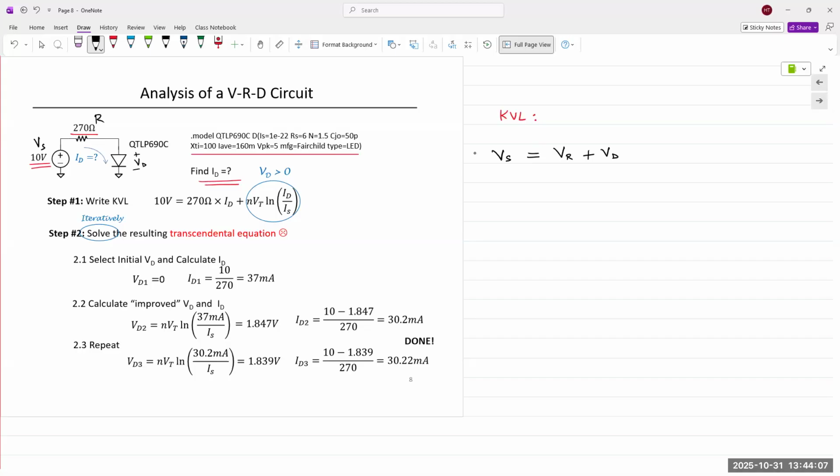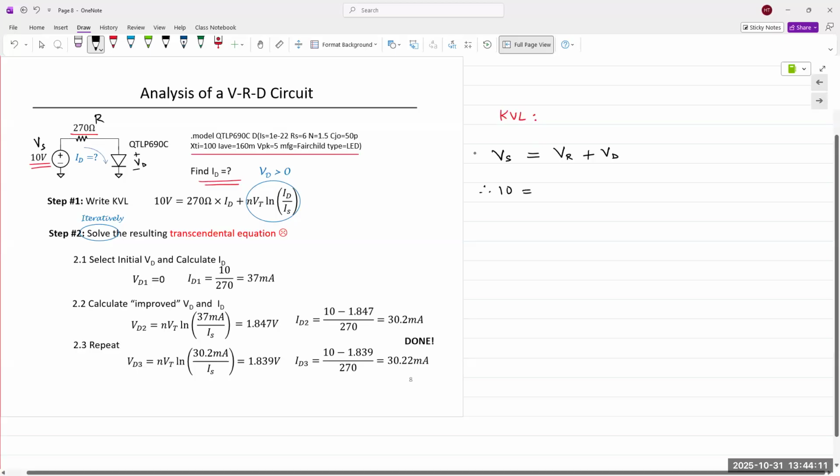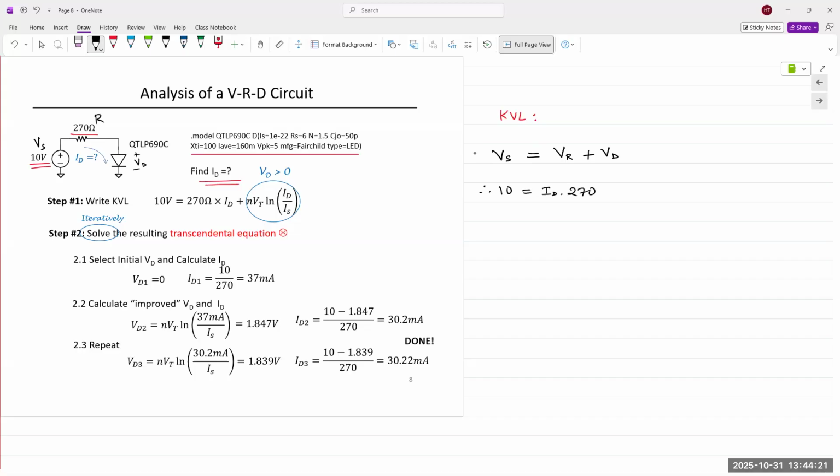VR can be expressed using Ohm's law, so I can write 10 is equal to IR, where I is ID, times 270 ohms.